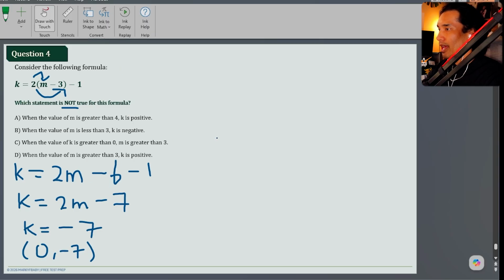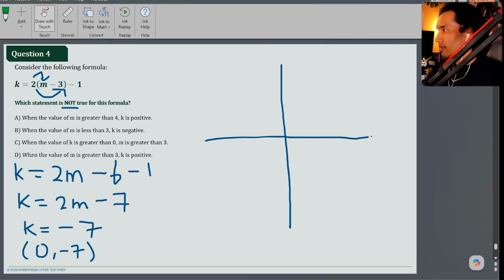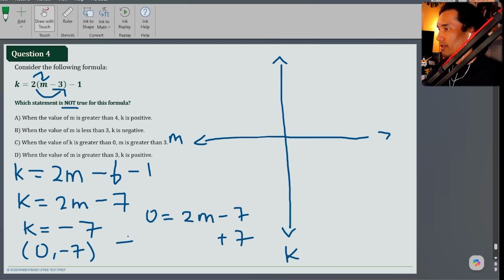And then I want to find when k is 0. So I want to find m, which is like the x-intercept. Because our graph is going to look like this. We're going to have this, and this is the m-axis, and this is the k-axis. So I'm going to make k 0. So making k 0, we have 0 equals 2m minus 7, plus 7 on both sides.